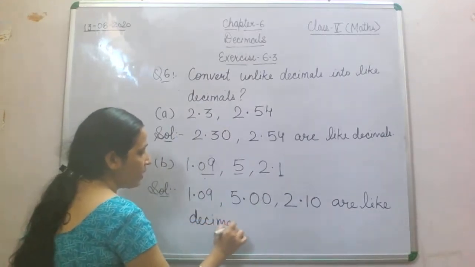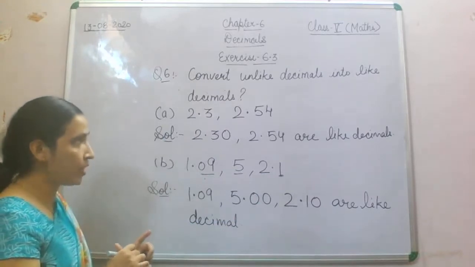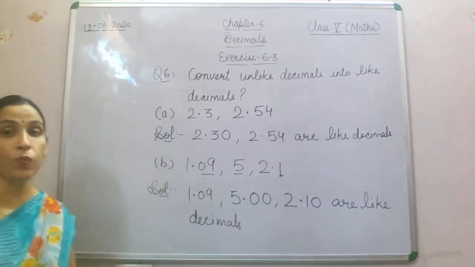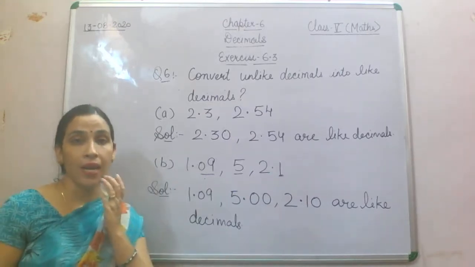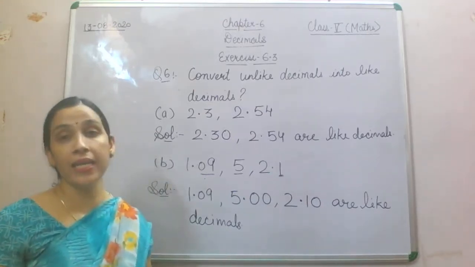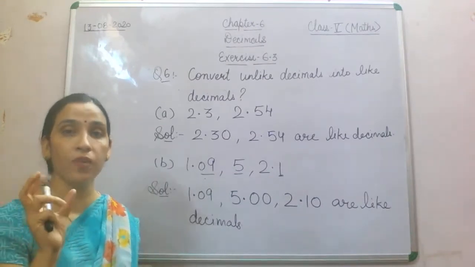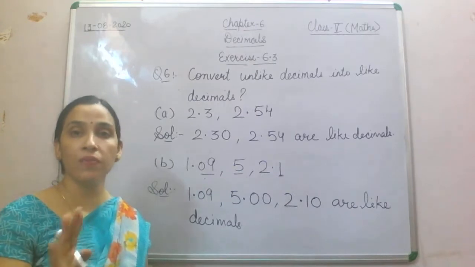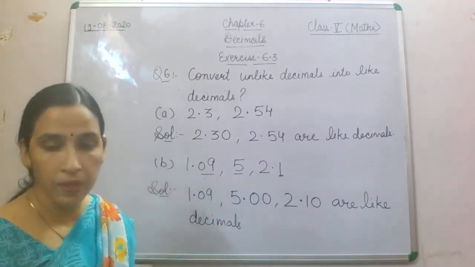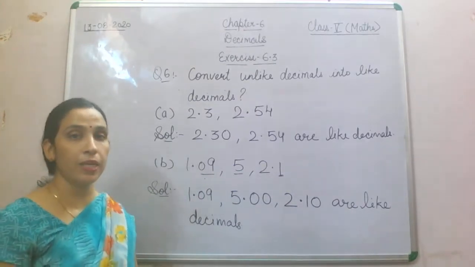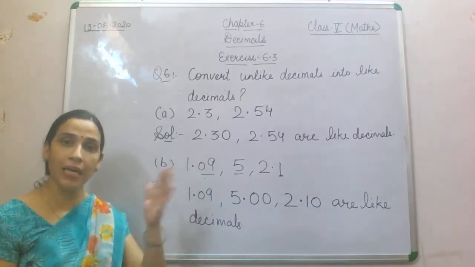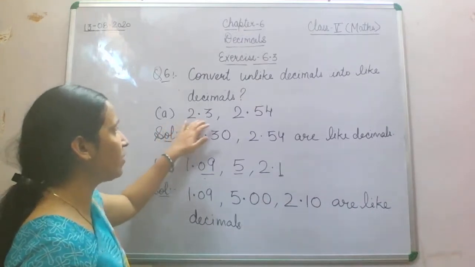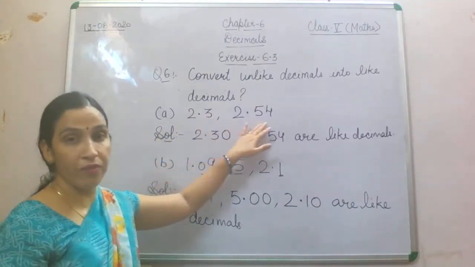So what we have done in this question? You have been given a group of unlike decimals, and you have to change that group of unlike decimals into a group of like decimals. How? By putting 0 after the decimal number, you can make that number go from unlike decimal to like decimal. In the A part, you have been given 2.3 and 2.54.